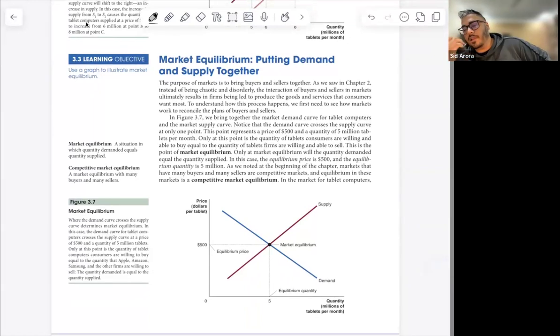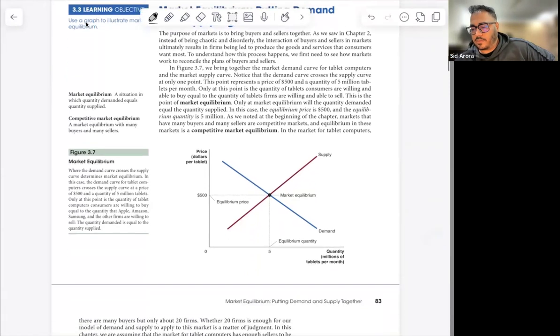All right. So now we're done with both the demand and supply side. So we can put them together to actually find the equilibrium for the market. We have a downward sloping demand curve and an upward sloping supply curve. Where the two curves intersect is the point that we call the market equilibrium.